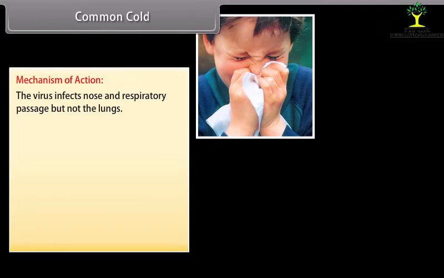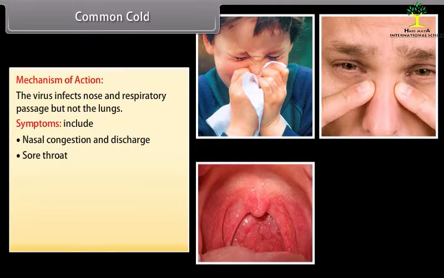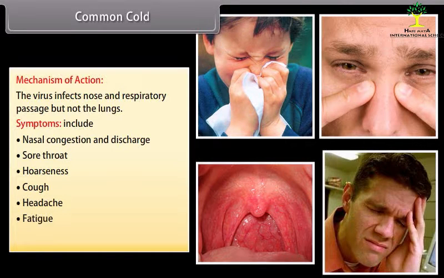The virus infects nose and respiratory passage but not the lungs. Symptoms include nasal congestion and discharge, sore throat, hoarseness, cough, headache, fatigue. The symptoms usually last for 3 to 7 days.